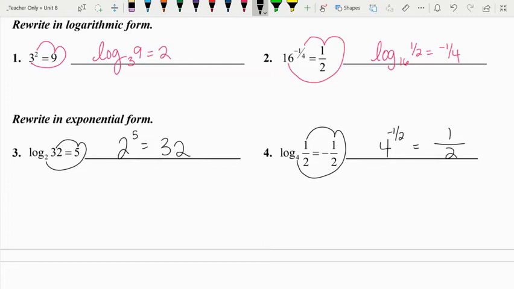Okay, so we're just going to work with this. This is a very, very important thing that you are learning today. You are going to use this for the rest of the chapter, so you need to feel comfortable with rewriting this.